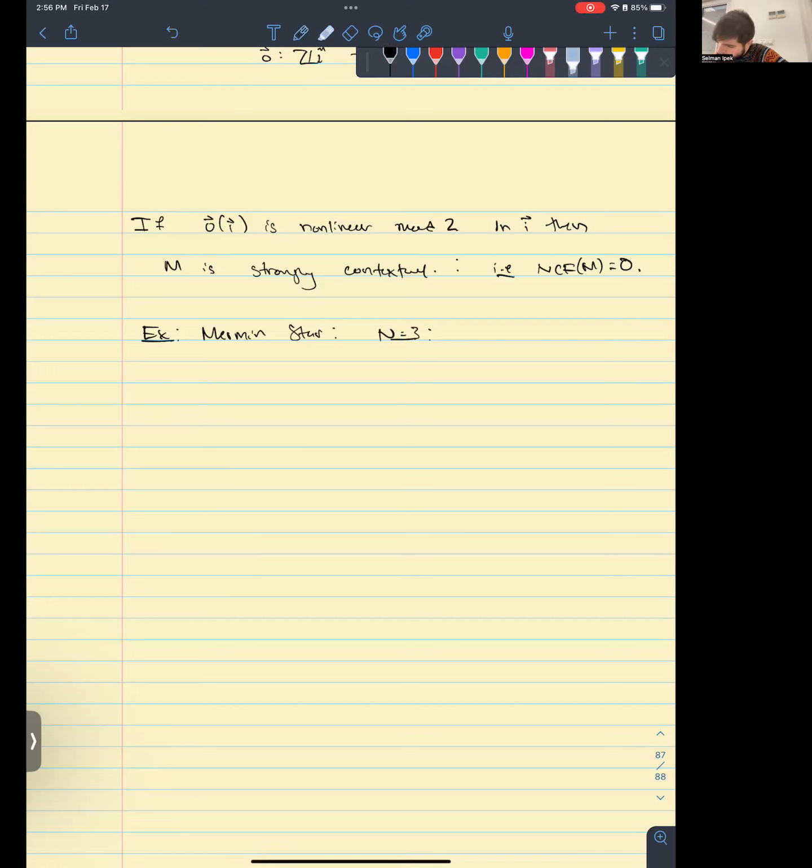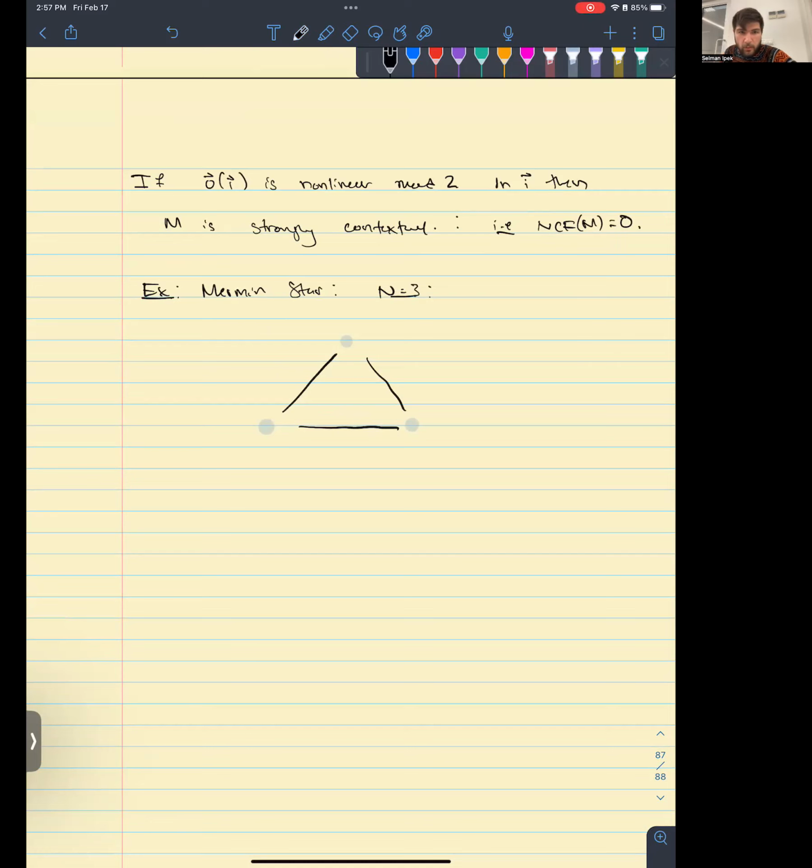Just to connect with the picture that I drew above, you have 3 different parties, and then for each one, the observables can be the Pauli X and Y acting on that tensor product of the Hilbert space. So X1, Y1, O2 is an element of X2, Y2.